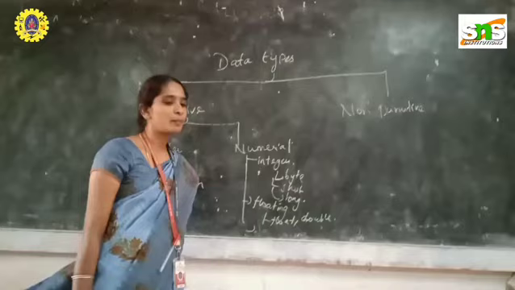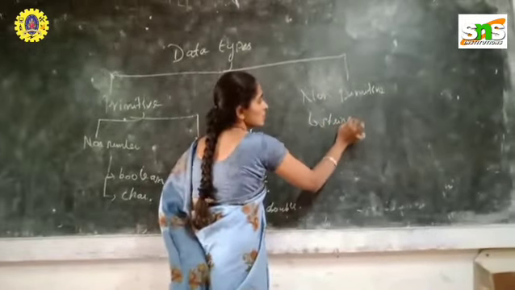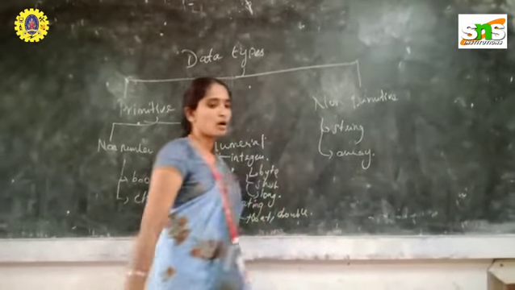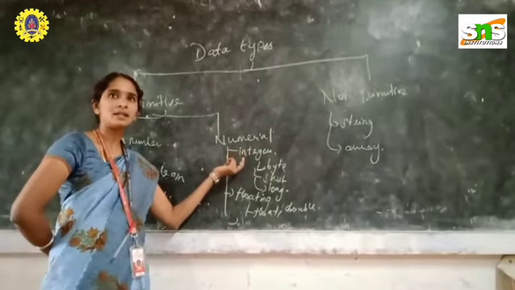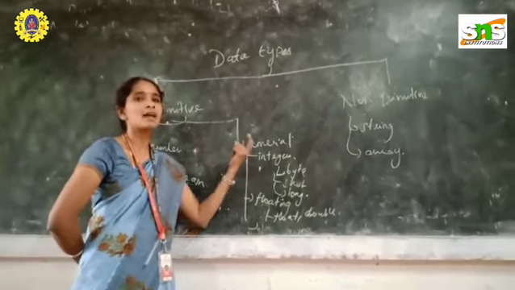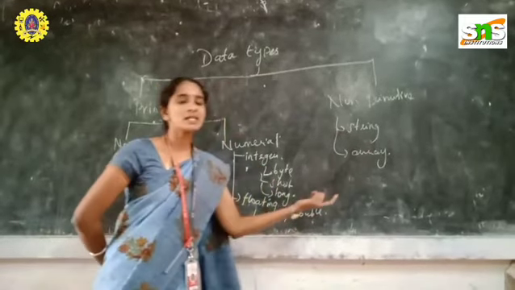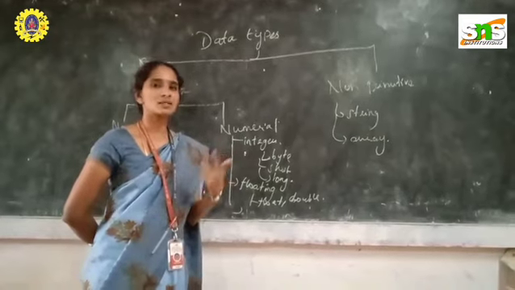Next, non-primitive. In non-primitive we have string and array values. These are used to store variable values. With an integer, we have to give integer values only; no other values will be accepted. But in non-primitive, with a string, we can give the value as an integer, character or a string, anything.